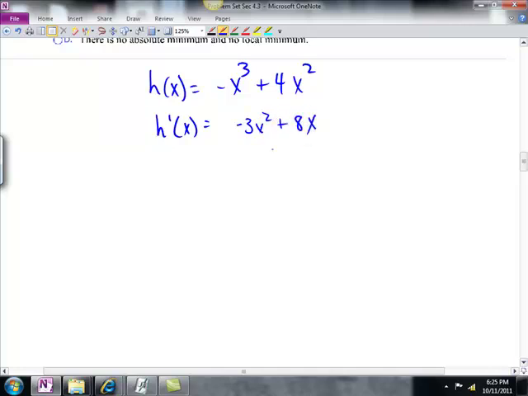Then we're going to take that and set it equal to 0. I would factor out negative x. Bless you. No, I can factor out negative x. Change the sign.